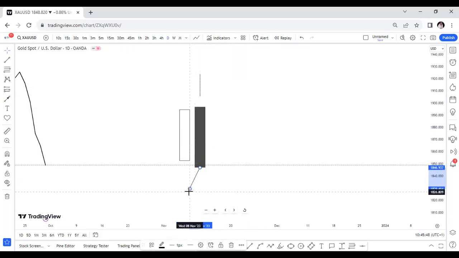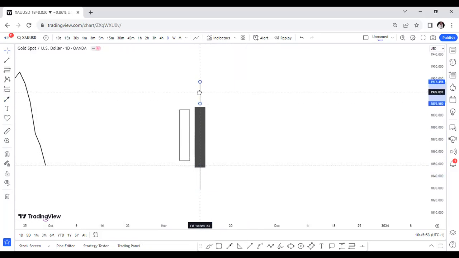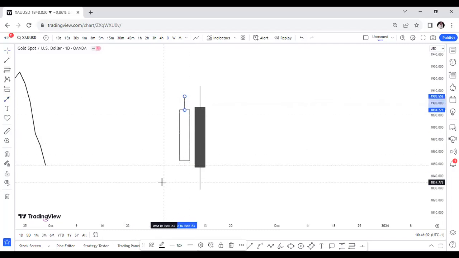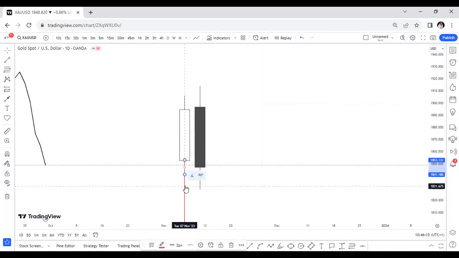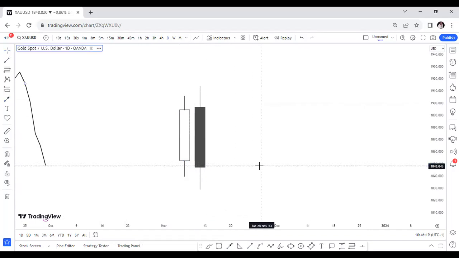Like I told you, you can go to the internet and a lot of people get the conception of engulfing candlestick wrong. But for me, by experience, engulfing should be the cover-up of the entire body.